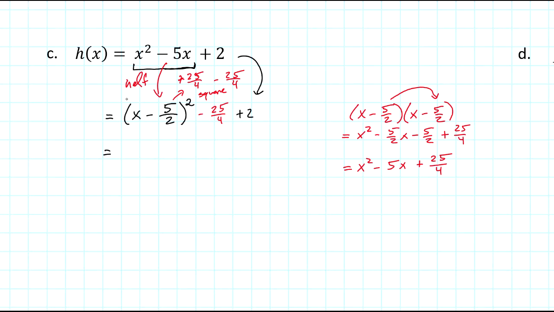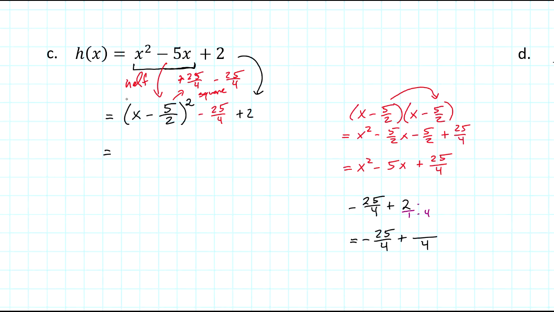And then I need to combine the minus 25 over 4 and the plus 2. So minus 25 over 4 plus 2. If I get a common denominator, minus 25 over 4, and then we need a plus something over 4. So that 2 is over a 1.